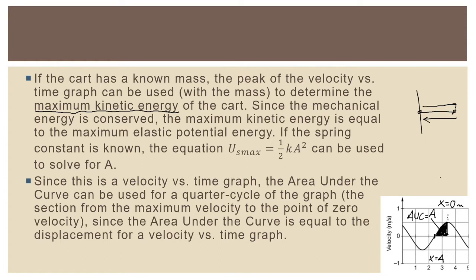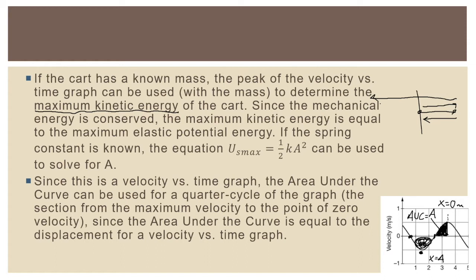That's a key thing to recognize. If you do it over this entire half cycle, notice here the velocity is 0, so the object is at the amplitude. It moves to the equilibrium position and then back to the other amplitude. And so notice the velocity is always negative, so it's moving in the same direction, but it's basically traveling double the amplitude. That's the important thing to realize here.